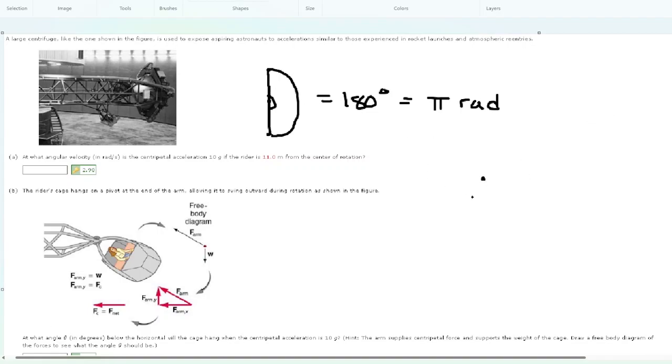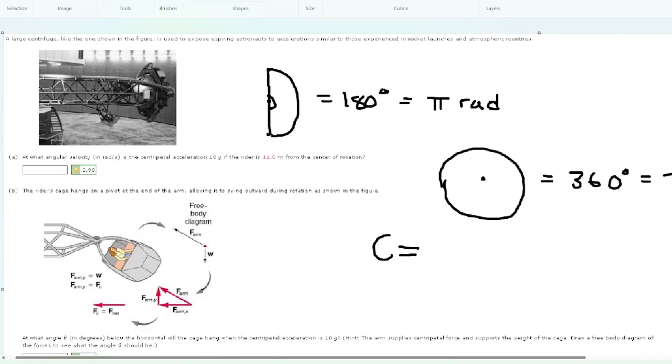Perhaps a circle will make more sense. A circle is equal to 360 degrees, which is equal to 2 pi radians. So the radian can be thought of as what multiple of radius you need to get the perimeter. If you remember, the formula for the circumference of a circle is 2 pi times radius.